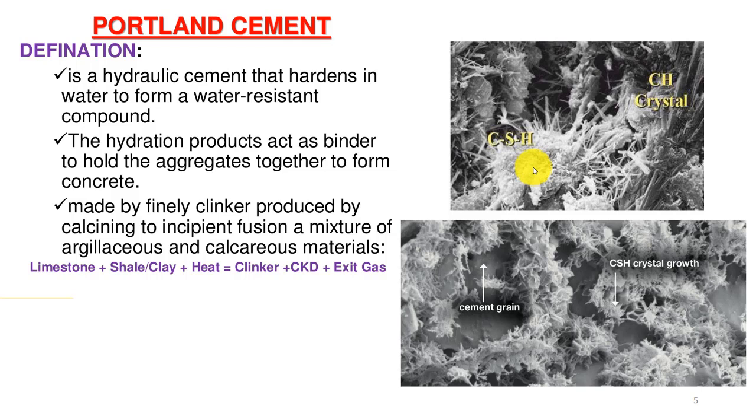Other than shapes, these can also be identified based on their chemical composition while taking these SEM images. Chemical composition in SEM images can be determined by EDX analysis, which is energy dispersive X-ray spectrometry.